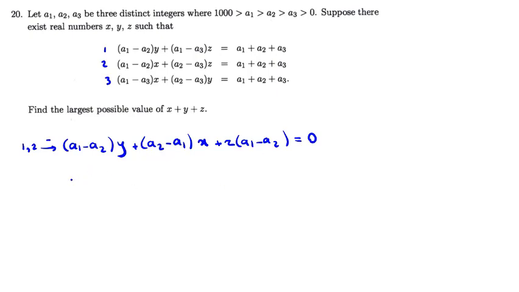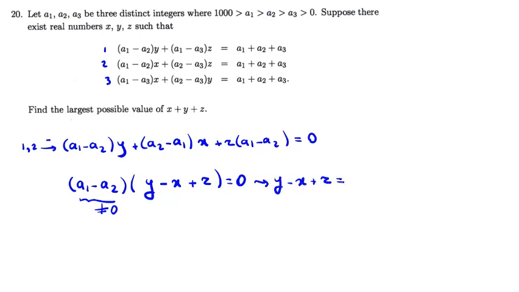Now we say a1 minus a2 times y minus x plus z equals 0. From the assumption of the problem, a1 is strictly greater than a2, so it is not 0. So we conclude y minus x plus z equals 0. So the first equation that we've reached is x equals y plus z.